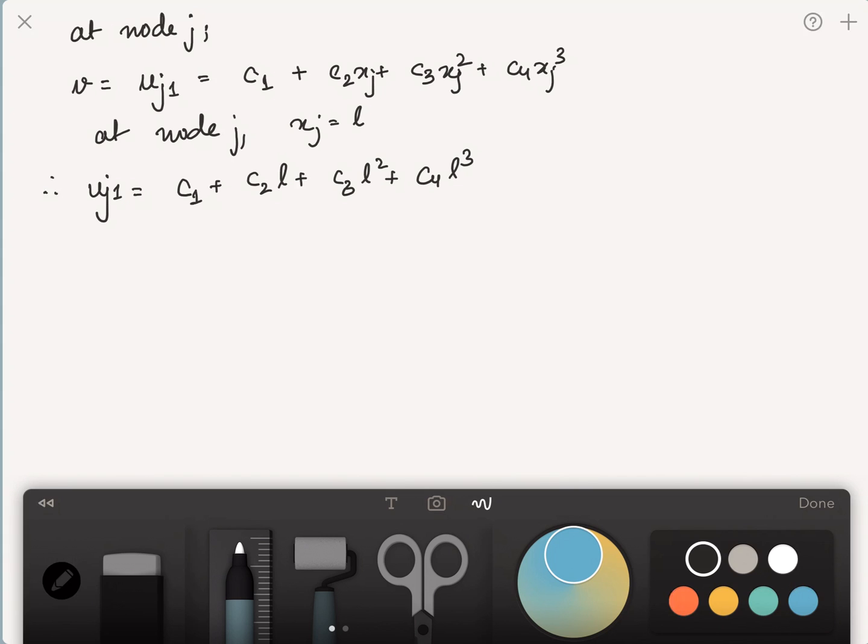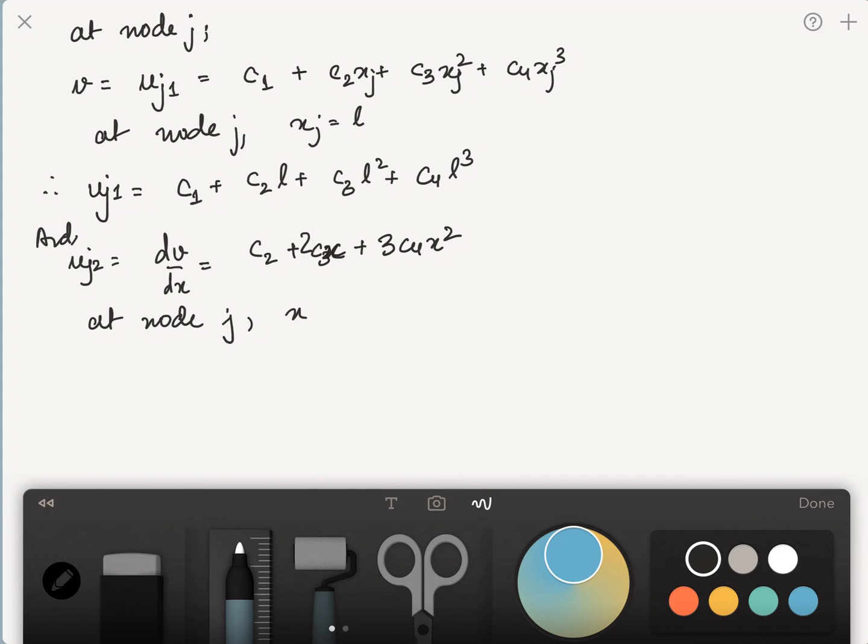And exactly as before, uj2 is equal to dv/dx, which is equal to c2 plus 2c3x plus 3c4x square. And again at node j, xj is equal to L, therefore uj2 is equal to c2 plus 2c3L plus 3c4L square.